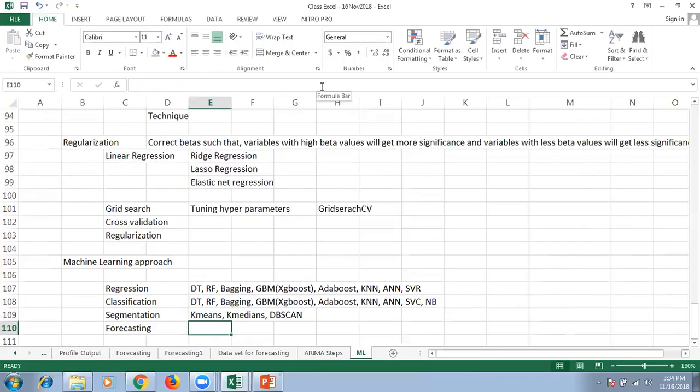And forecasting, of course, if you convert the problem into regression, all the regression techniques you can use. But the more interesting thing in this case is, of course, ARIMA, what we did in the last class, auto ARIMA. That comes under what? We are identifying the best model by supplying the tuning parameters, right? The ARIMA by changing the tuning parameters of P, D, Q. And of course, ANN is very popularly known especially for the forecasting problem.